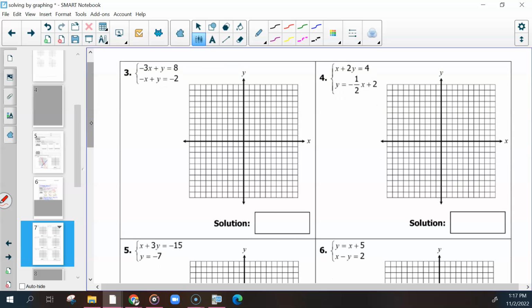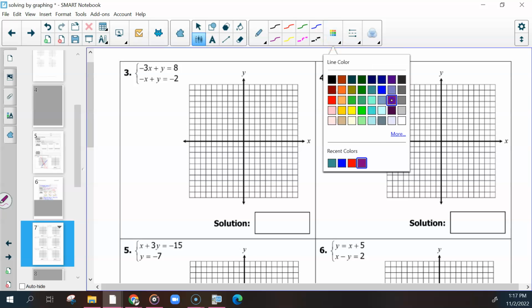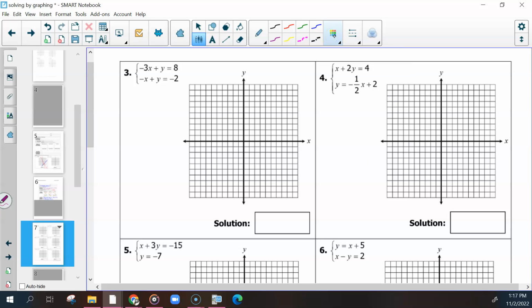Number 4. I meant to say this before we did the last one, but those were already in slope-intercept form, so we didn't have to change anything. So we basically skipped to step 2. This one, though, there is an equation that we have to change before we can graph it.